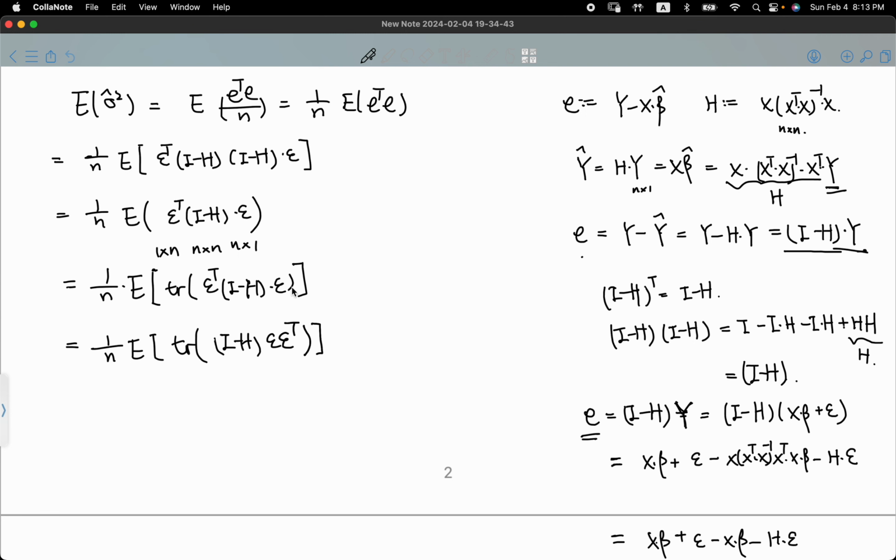So the first one goes to the end, then this becomes the first, and then this one goes to the end. If you want, you can have that move to the end, but we are just going to work on that. Okay, next. Trace and expectation are both linear operations, so we are able to change the order.